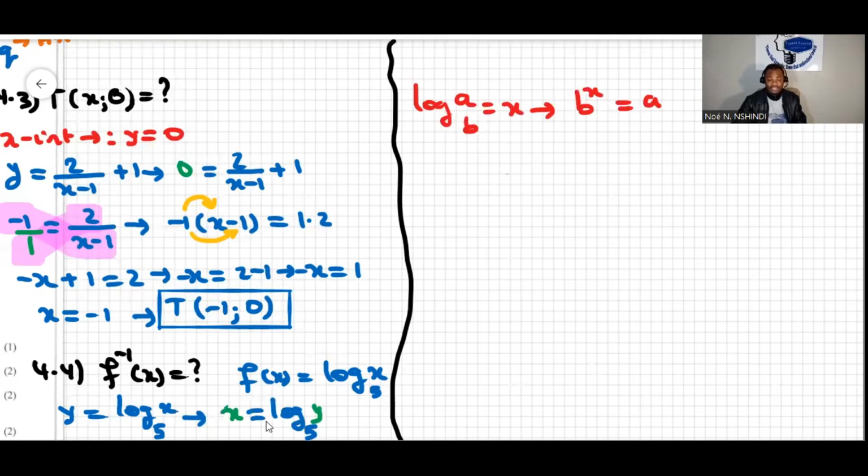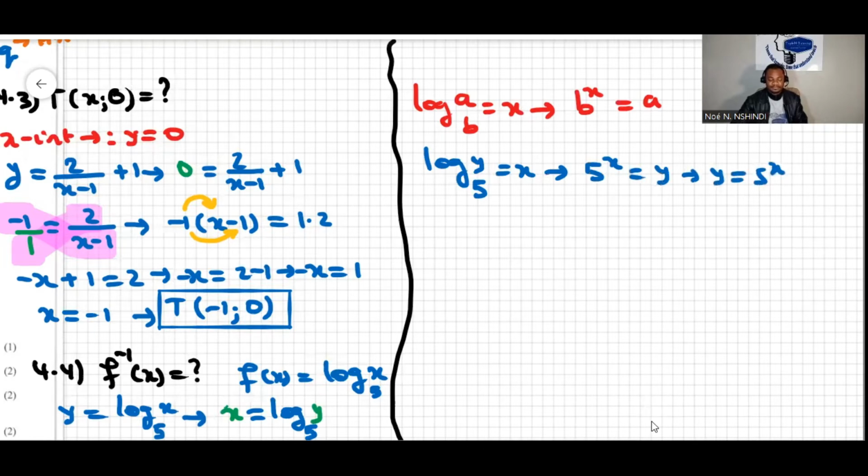Now we're going to make y the subject of the formula, using this formula. Because we have log of y base 5 equal x, applying the formula above in red, this will become 5 to the x equal to y. In other words, y equal to 5 to the power of x.